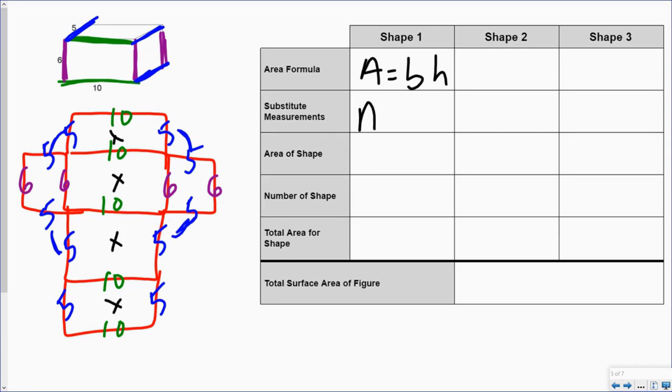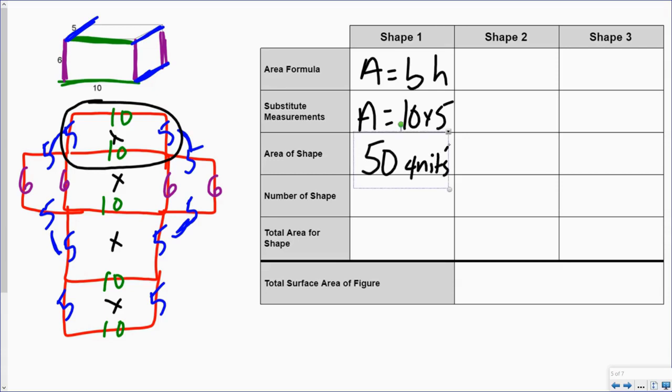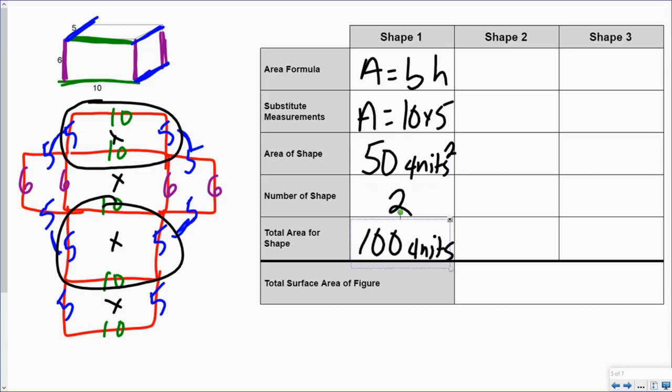The area for the first one is 10 times 5, which gives me 50 units squared. But I have 2 of those shapes, and 2 of those would give me 100 units squared.